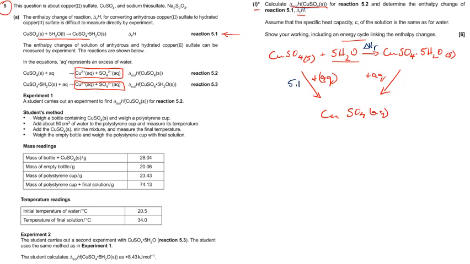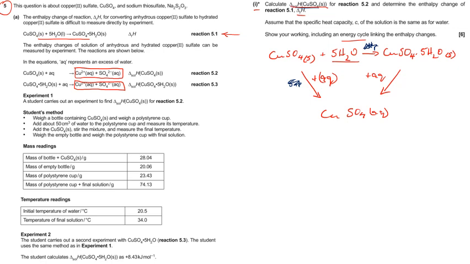It's the other way around, sorry. So we have to work out the enthalpy change of this reaction here, which is experiment 1, and that allows us to have 2 out of 3 legs of the triangle, so that we can get the enthalpy change of solution of copper sulfate.